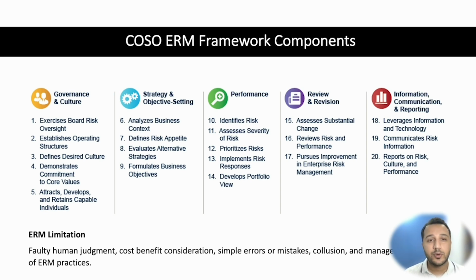In terms of performance, we have to identify all the key risks that can have a detrimental impact on the performance of the organization, see the severity, the likelihood, and the impact of those risks to the organization, and prioritize which key risks need to be managed very quickly and which can be managed in the normal course of work.